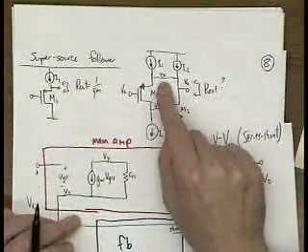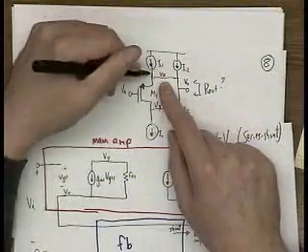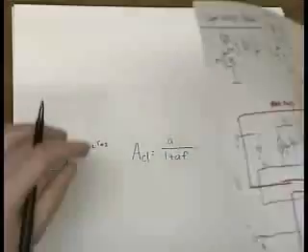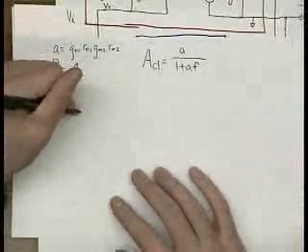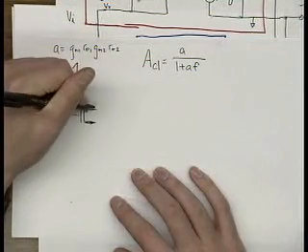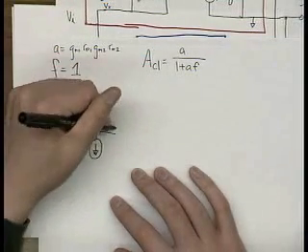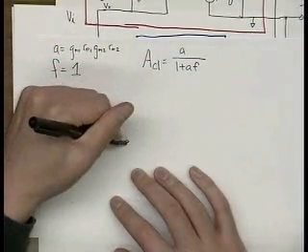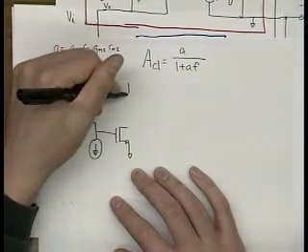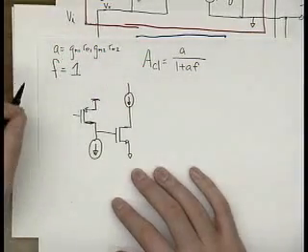Which is effectively shorting V out, which basically breaks the loop. You break the loop here at Vx, and this node you assume is grounded. So I'll redraw what the open loop circuit looks like. Okay, it looks like that.